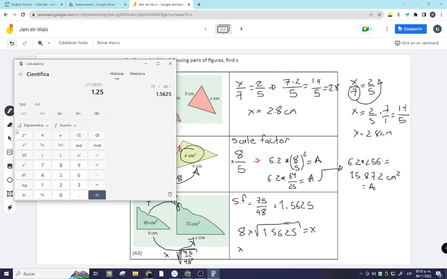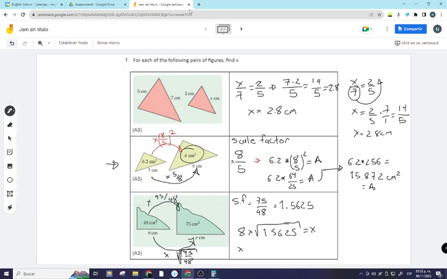Let's do it. Square root of that. Wait, let's do it from the beginning just in case. Square root of 1.5625. We need to make the square root of that. Actually, I don't know. Nope, this is not. Let's use Wolfram.